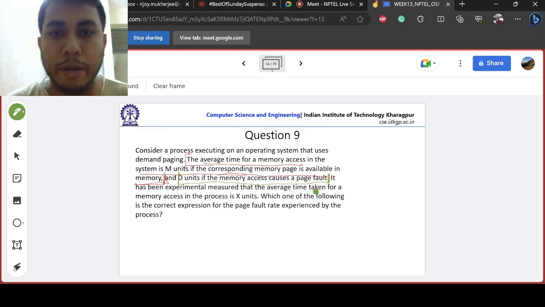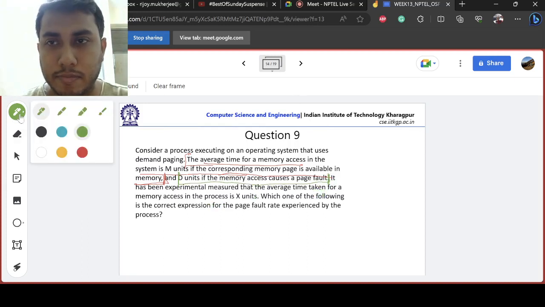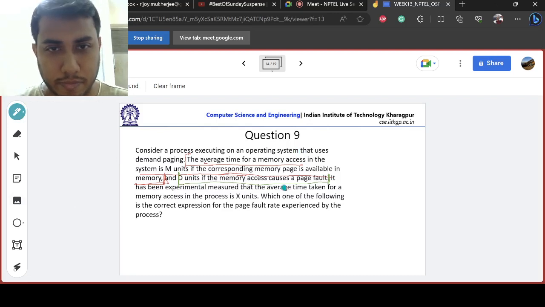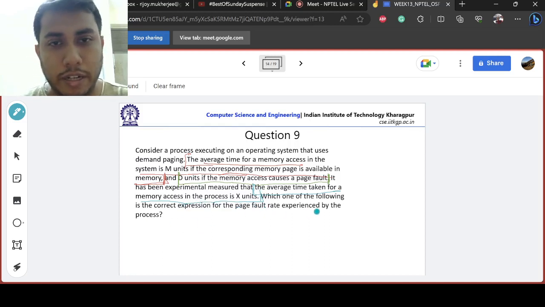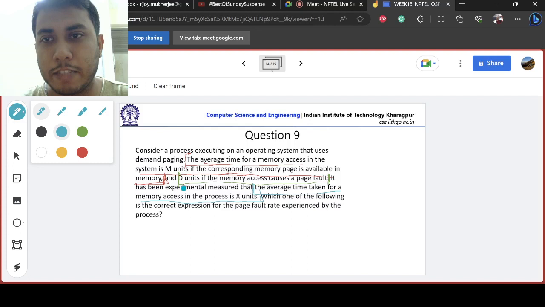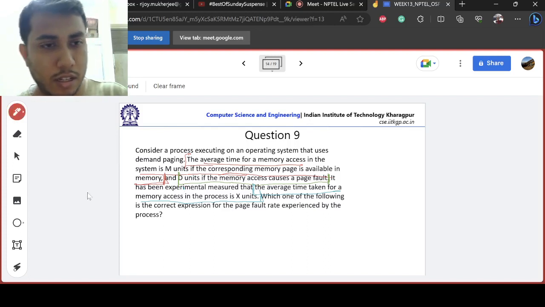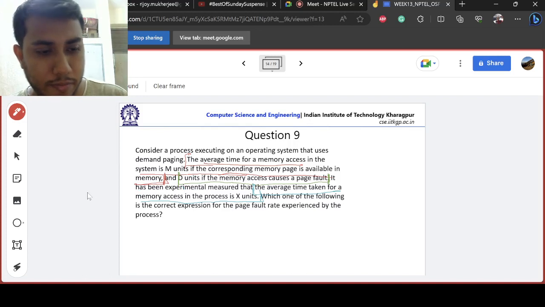It has been experimentally measured that the average time for memory access in the process is x units. Which of the following is the correct expression for the page fault rate experienced?